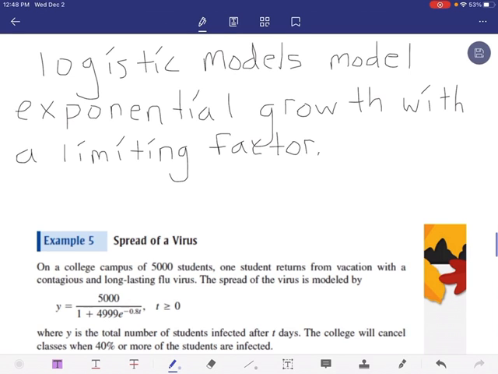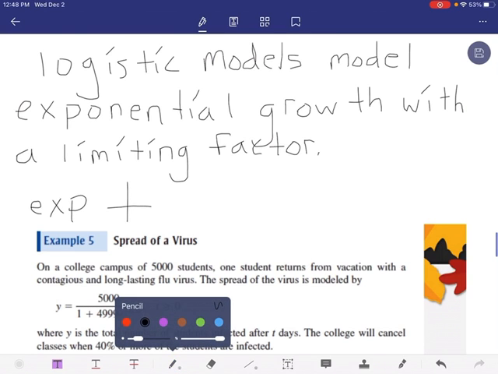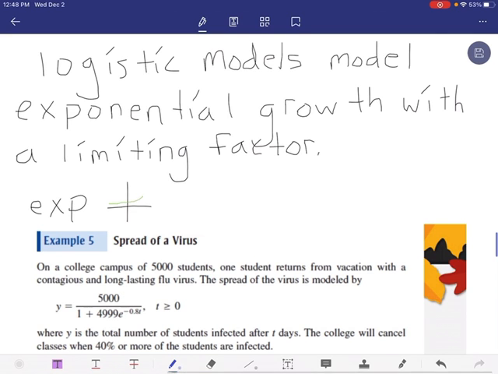So these graphs are going to look slightly different. So our normal exponential graph, remember, looks like it just keeps going up and up and up forever and ever.